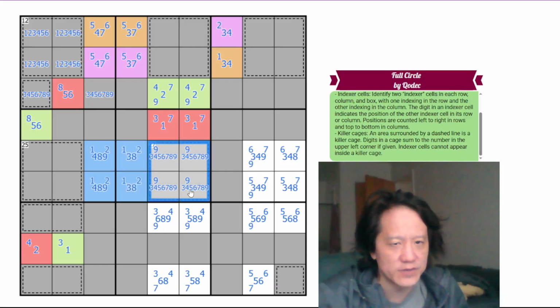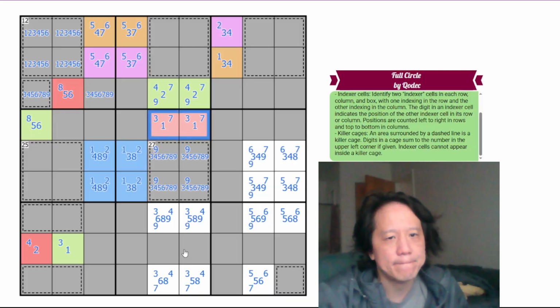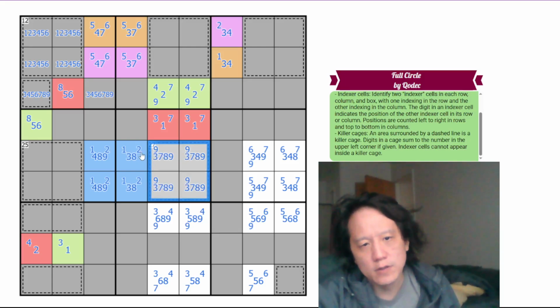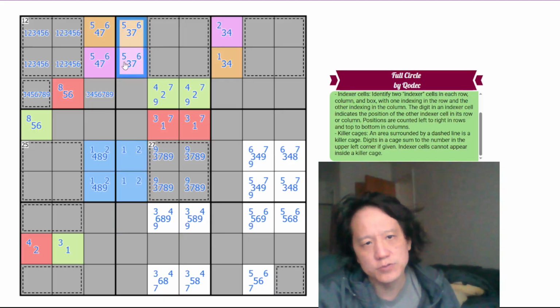Obviously, if this is 3, 7, 8, 9, then this is indexing the row guaranteed because 3 and 7 are the only possibilities to index column-wise. So say this was 3, 7, 8, 9. That means this would be indexing column here, so this would be indexing row.